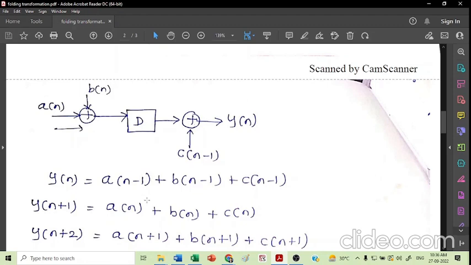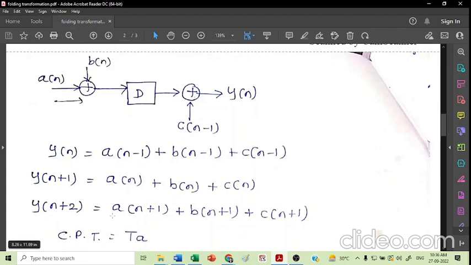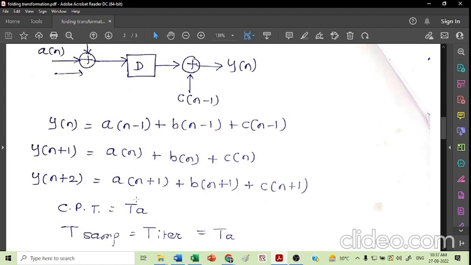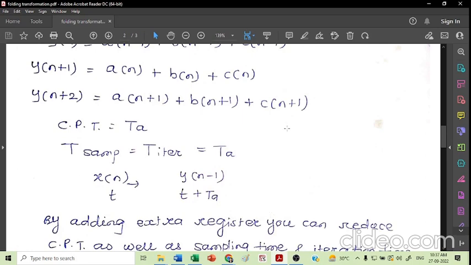Minus 1 plus 1 get cancelled, so it is a of n plus b of n plus c of n, and y of n plus 2 is equal to a of n plus 1 plus b of n plus 1 plus c of n plus 1, and critical path time is TA, and T sample is equal to T iteration, equal to TA. As we have seen earlier, x of n is given at time t and y of n minus 1 will be obtained at t plus TA.